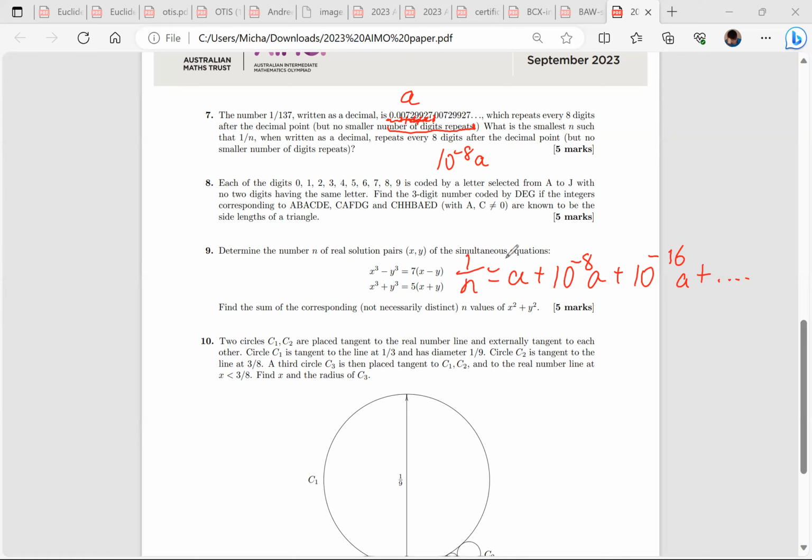So 1 over n is equal to A outside of 1 plus 10 to the minus 8 plus 10 to the minus 16, and so on, right? And you can just do 1 on n over 10 to the 8n. If you learn the difference of two powers factorization, you know how to deal with this. This is called a geometric series.